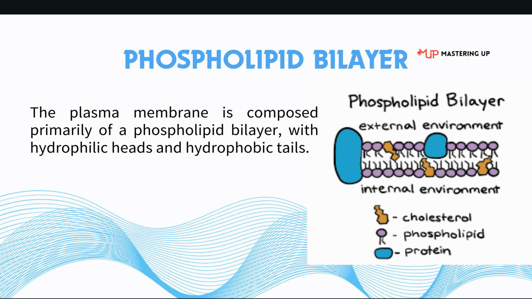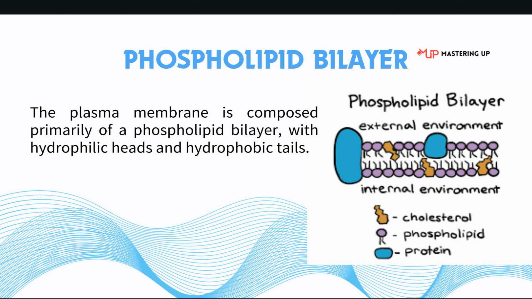You can see a straight line which represents the saturated fatty acid, and the other one which is not straight, you can see a bend. It represents the unsaturated fatty acid. So this is the structure of the phospholipid.